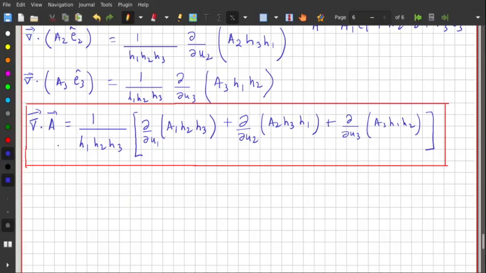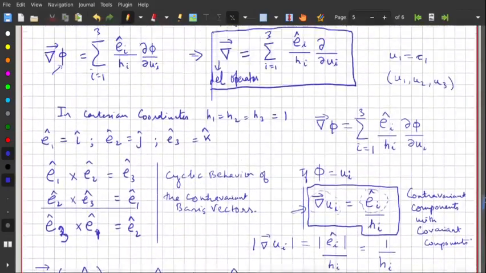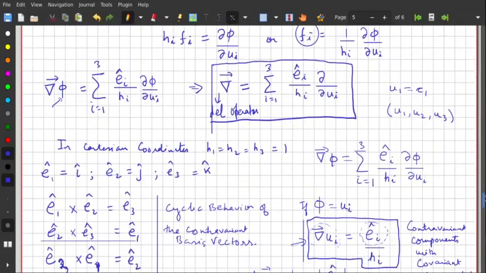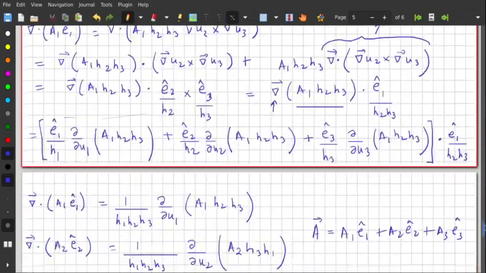So now, in this expression, let's say instead of A, we substitute grad of any scalar. What we have in mind is that A_i is basically, remember, partial phi partial u_i, the ith component of the gradient of phi.